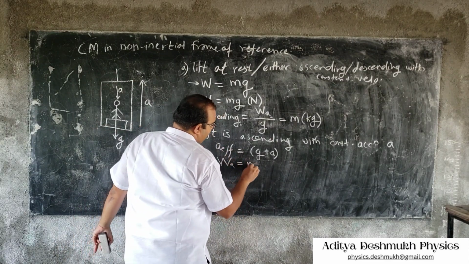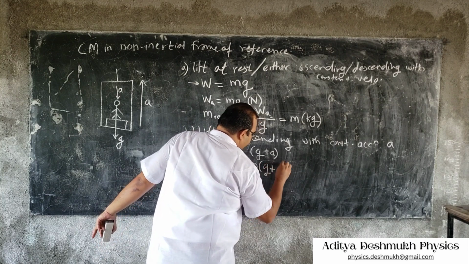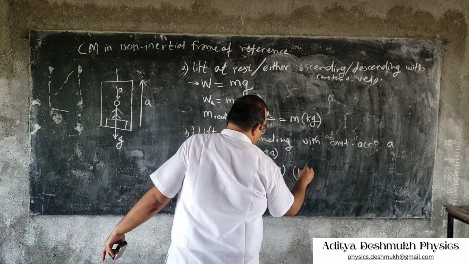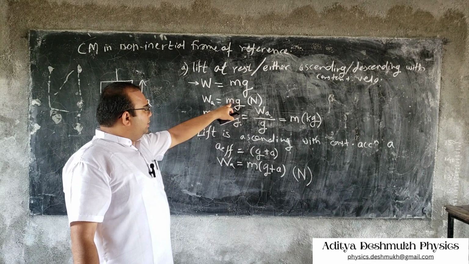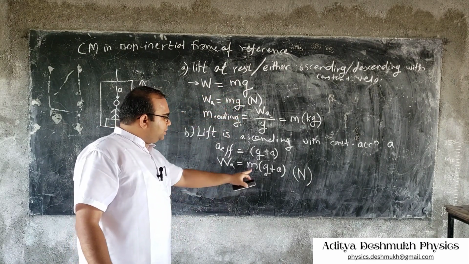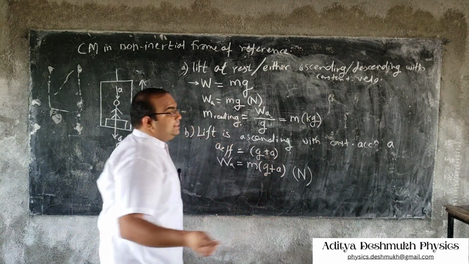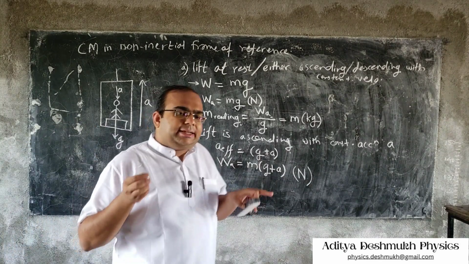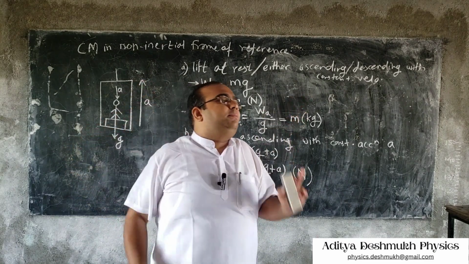So weight will be mass times acceleration, that means m(g plus a), in Newton. See here, when it was at rest, it was mg. Now it is m into (g plus a). So the effective acceleration has increased, and that's why the apparent weight has increased. That's why you feel heavy while it is accelerating upward.